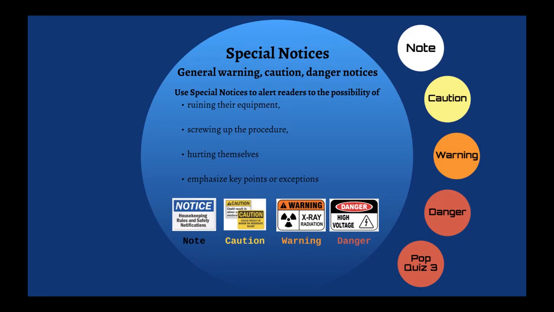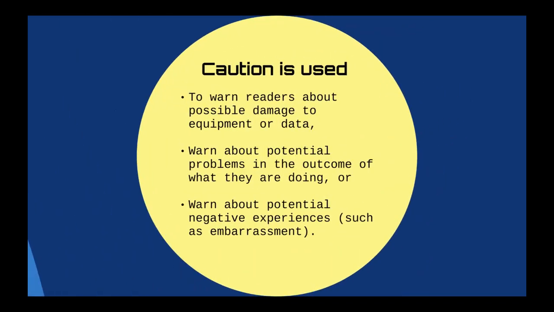We have here the caution. Now, the caution is used to warn readers about possible damage to equipment or data. Do we see some differences here? The previous one spoke about how the instructions are written. Now we're talking about the possibility of damage to the equipment itself.